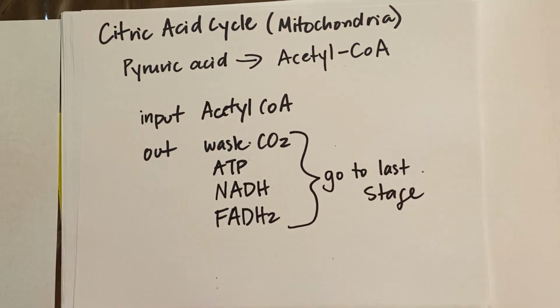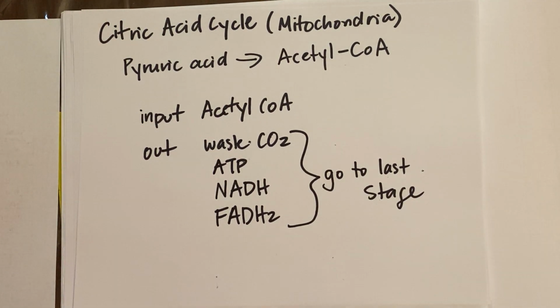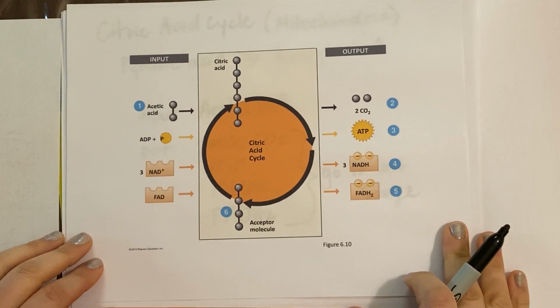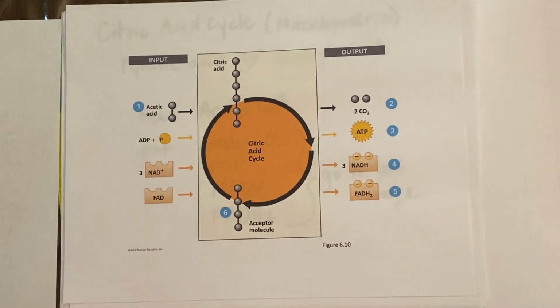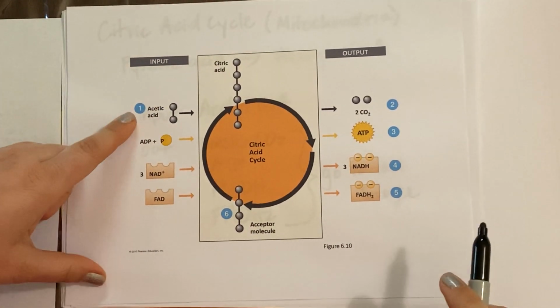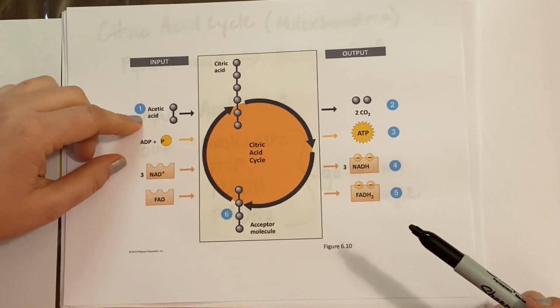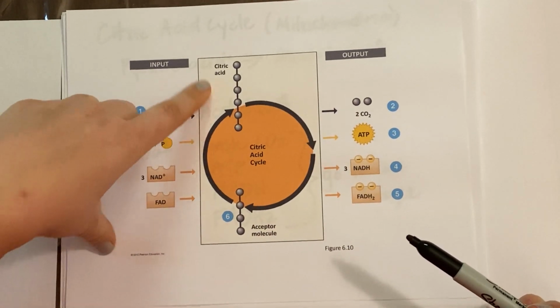The CO2 needs to be gotten rid of, so it goes back into the bloodstream and we breathe it out. So this is what the citric acid cycle looks like. Again, these are very complicated, and we're just going to go very basic. We have this acetic acid, which is turned into acetyl-CoA before it can go in.